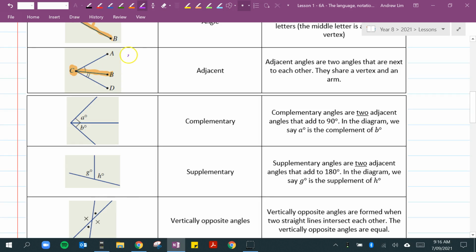So I'll say angle ACB and angle BCD are adjacent. Angle ACB and angle BCD are right next to each other, they are adjacent. They share a common vertex C and they share a common arm CB.